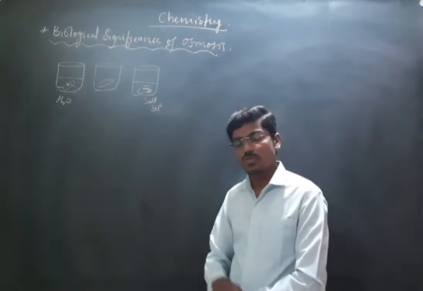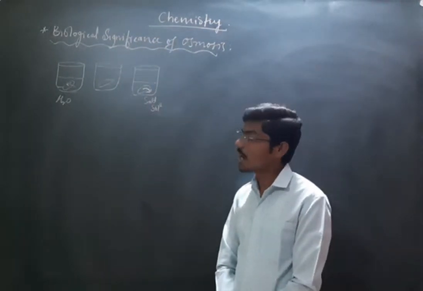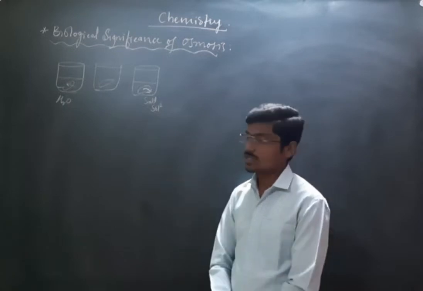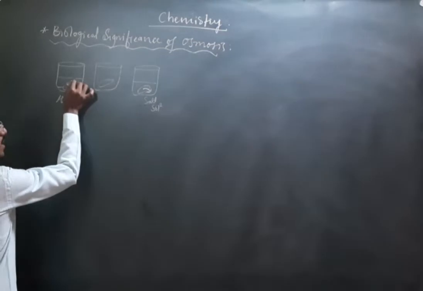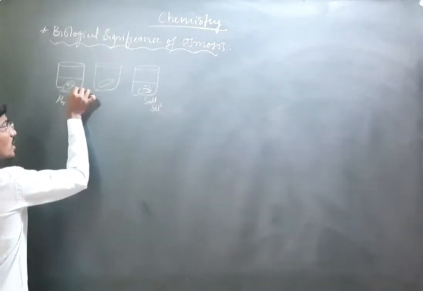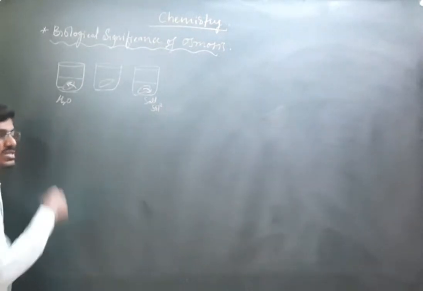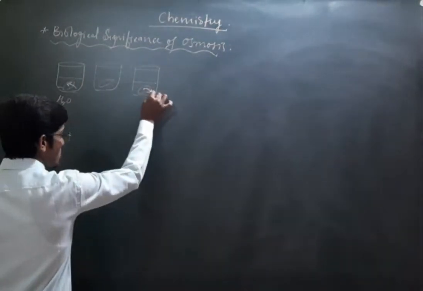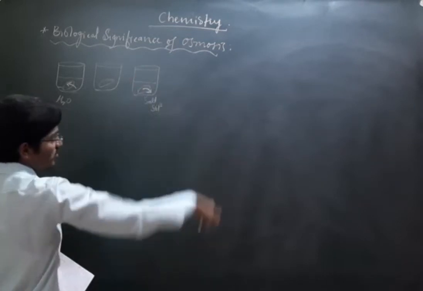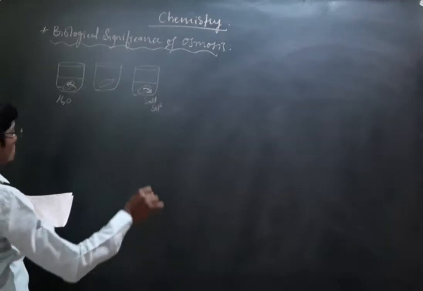This is because of the process of osmosis. In one case water molecules enter into the cell, and in the second case the water molecules come out of the cell, so here we have hemolysis and plasmolysis.